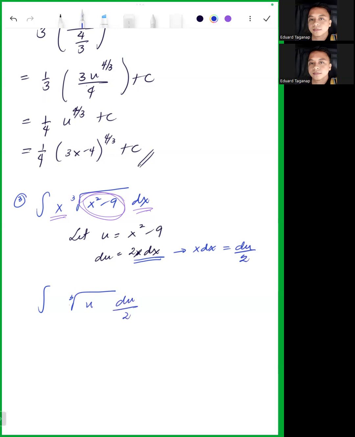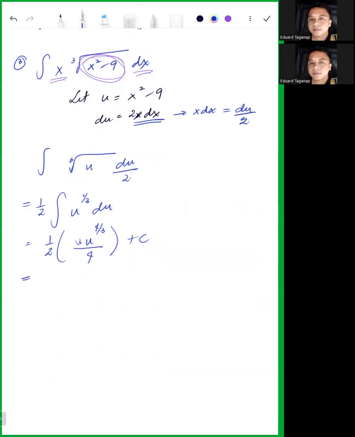So we're now able to write the given in terms of u, and applying the power rule, we'll have u raised to 4/3 over 4/3, and this becomes 3/4.